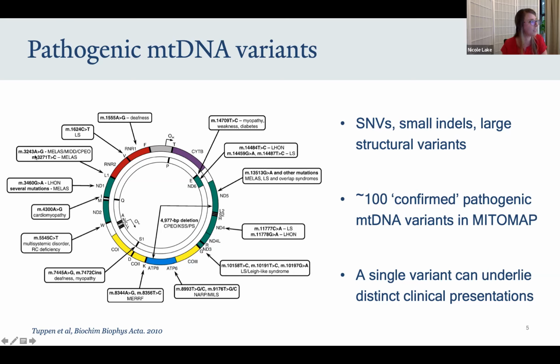I'm not sure if you can see my cursor, but this is a variant that is perhaps best appreciated for underlying MELAS, which is a mitochondrial encephalomyopathy associated with lactic acidosis and stroke-like episodes. But it's also been reported to cause maternally inherited diabetes, as well as eye-related presentations and even Leigh syndrome. So this can present a challenge when it comes to variant interpretation.